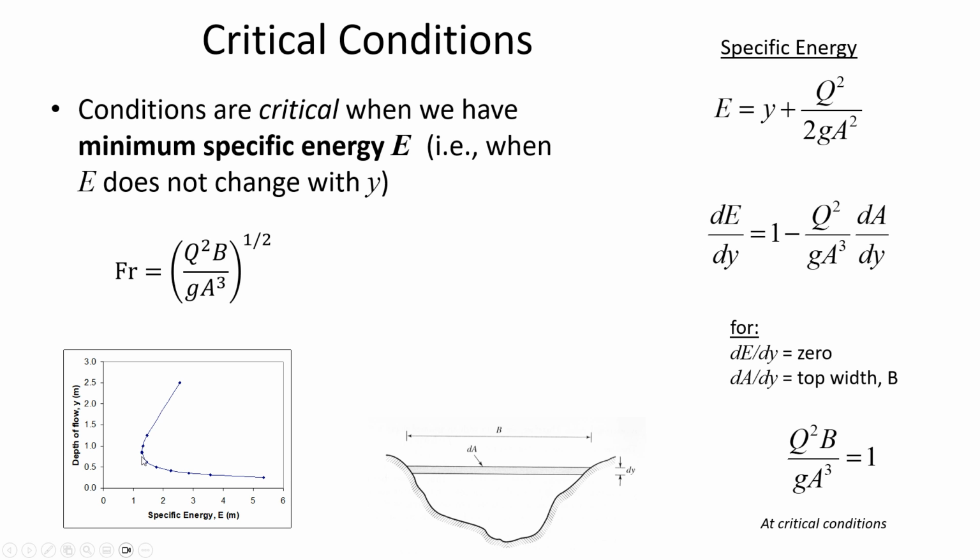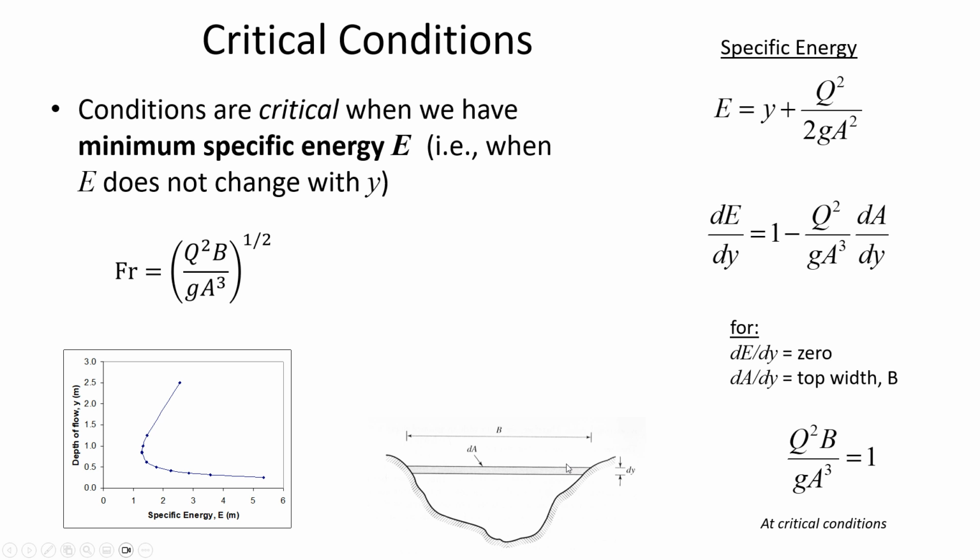So this leftmost point, where there's no change in specific energy with depth, where the slope is vertical, we're setting the left-hand side of this equation equal to 0. And so if we just rearrange this, and of course the top width b is dA dy. So for some irregularly shaped channel, dA is b times dy.